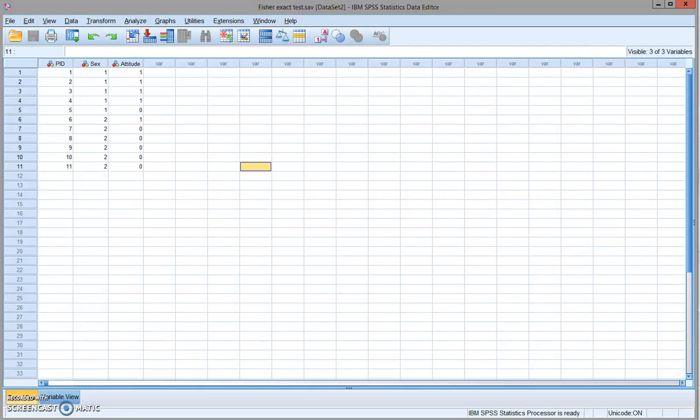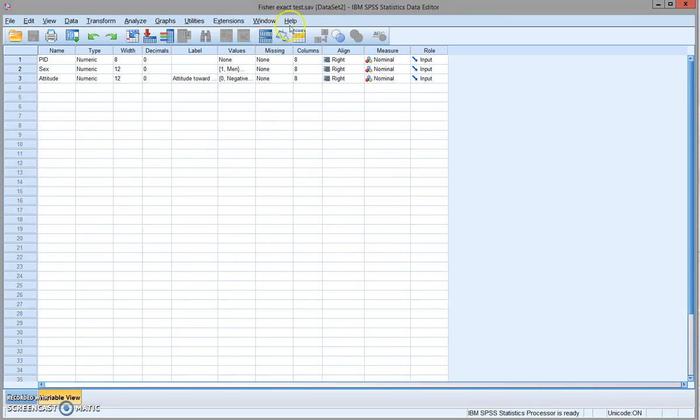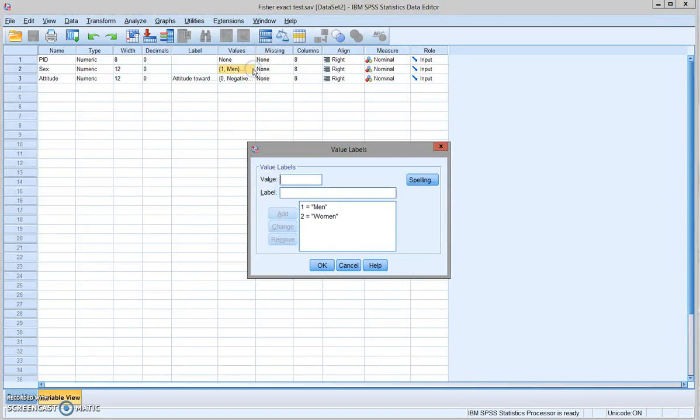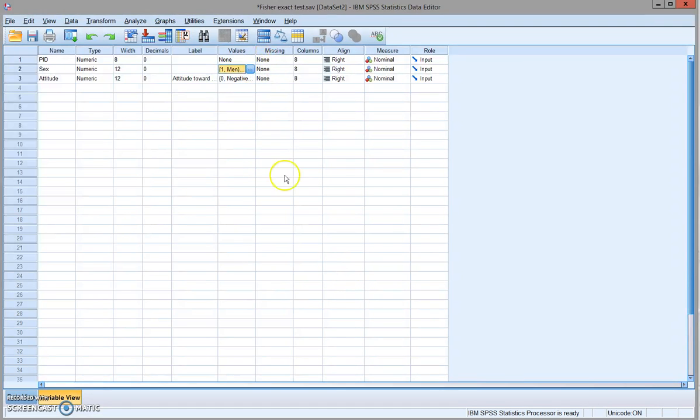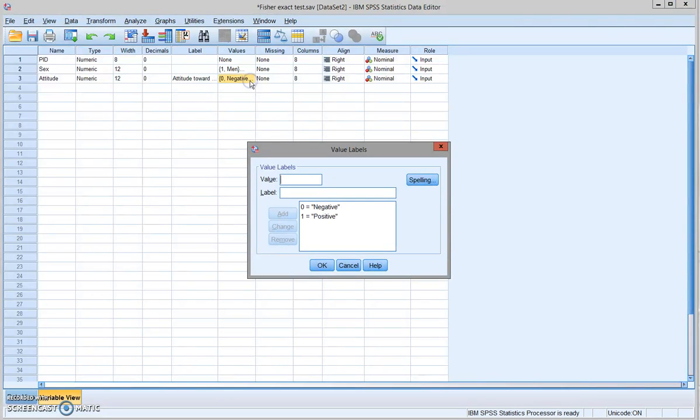You can see the variables are coded so that 1 is for men, 2 is for women, and 0 is for negative and 1 for positive attitude toward their preparation to care for patients.